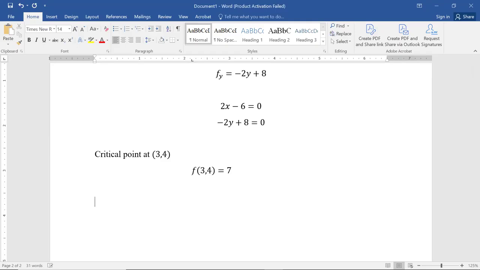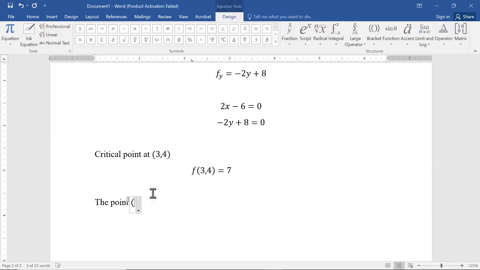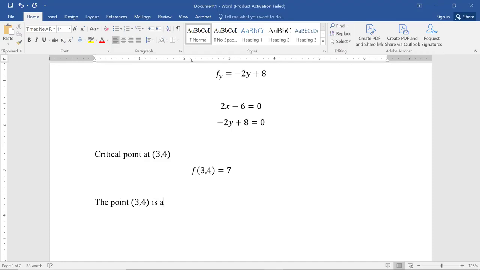So we say the point 3, 4 is a saddle point. Okay, so that's the idea of a saddle point. Now we'll define that on the next slide here.